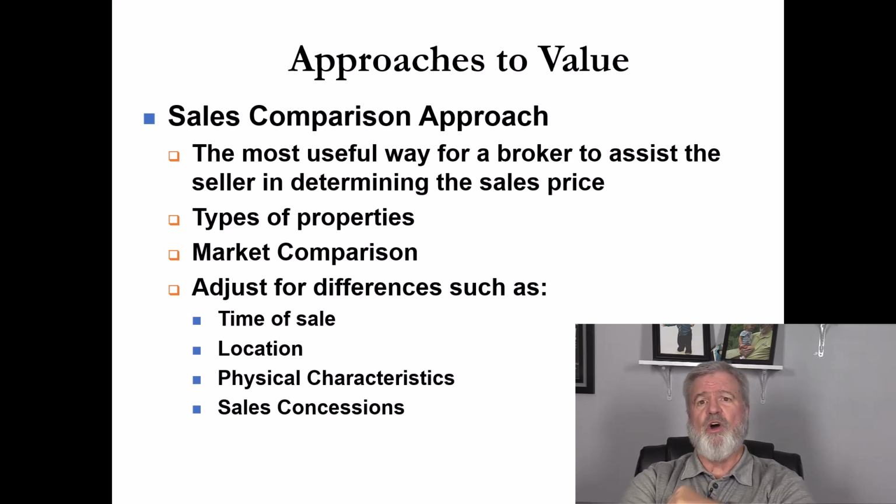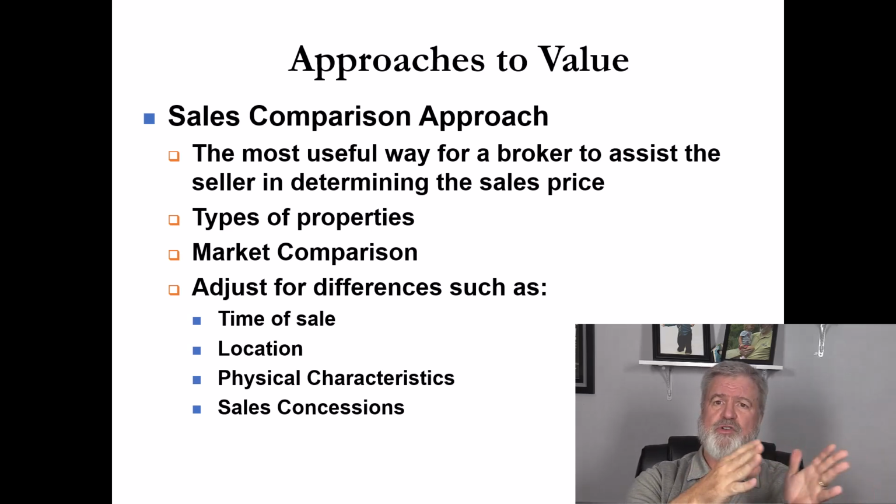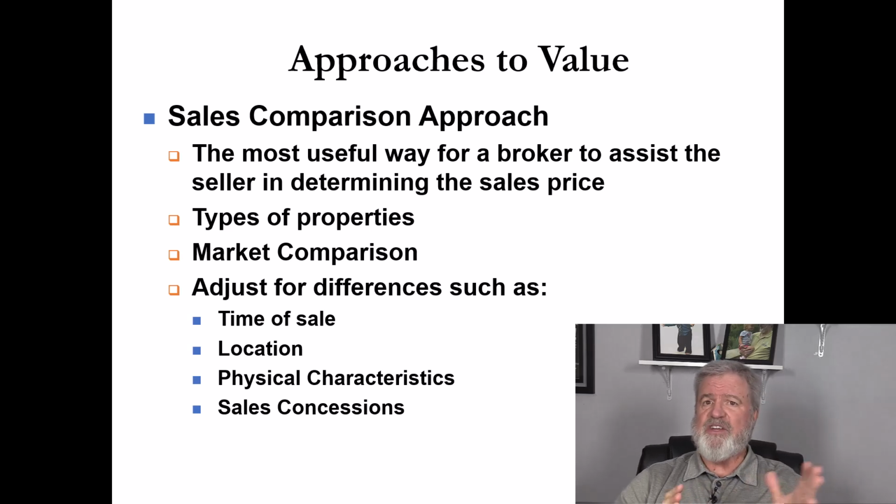You can't just go with what these comps sold for, and you certainly can't just take whatever the comps are and determine what the average of all 3 of the sales prices were. I'm telling you, it's just not going to work if you do not learn how to make adjustments. We're going to take a look at this here in just a second, but you got to make adjustments.